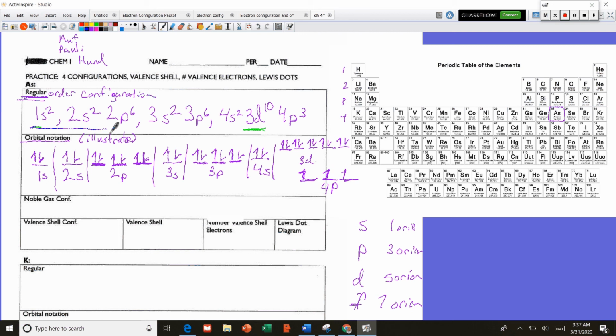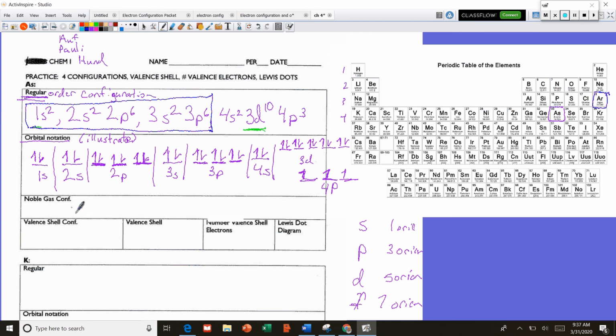all the way up to here, everything is completely full. If we just take this information, that would actually represent argon because we have 1s2, 2s2, 2p6, 3s2, 3p6. So that is argon.